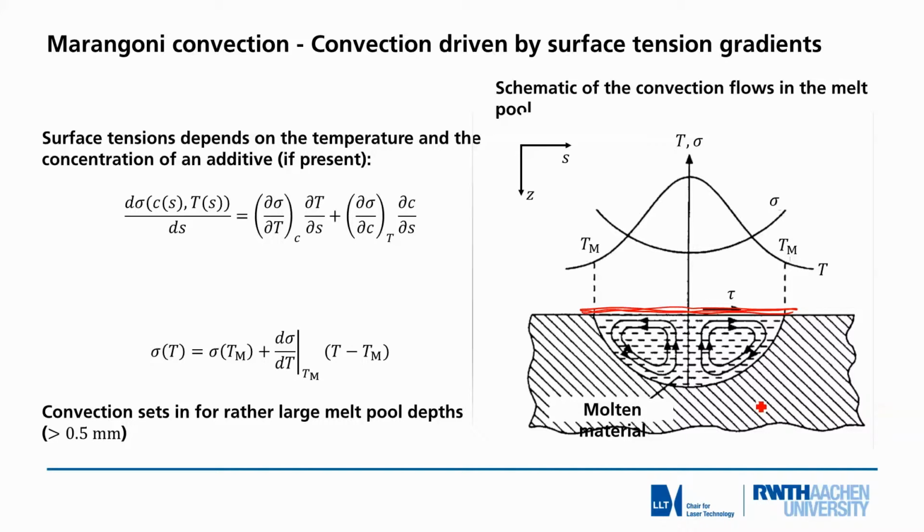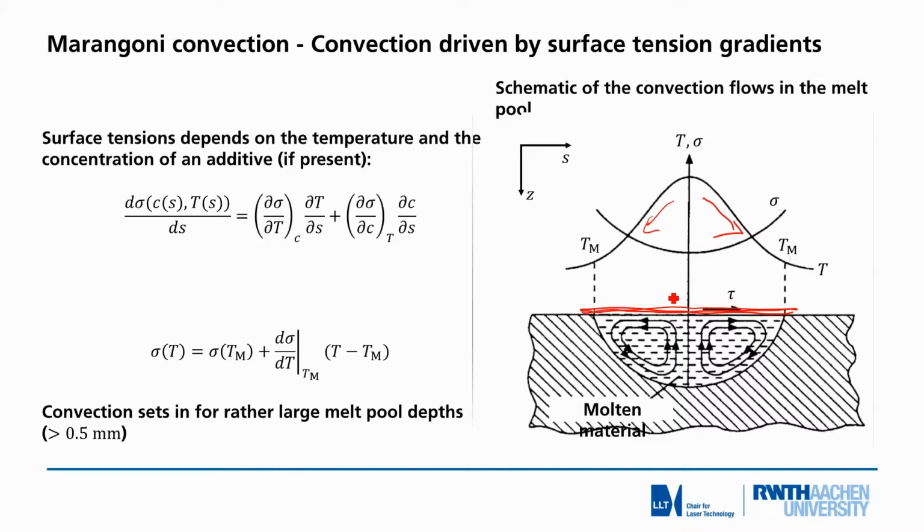This here is solid material. Now, usually in first order, independent of the intensity distribution of the laser, we have a highest temperature in the center of the processing zone. That is simply because we have heat conduction to the edges, so temperature will decline to the right and the left out of the center of the melt pool.